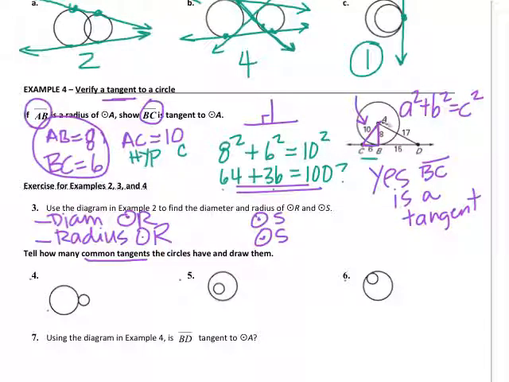So I'm just going to outline it, and basically what you need to do is use the Pythagorean theorem and tell me, is BD, this segment that's 15, tangent to the circle? So if the Pythagorean theorem comes out correct, then you can say yes. If it does not make a true statement, then the answer is no, that BD is not tangent to circle A. All right, try those last 5 problems, please, and thanks for watching.